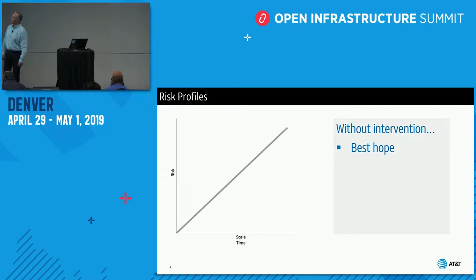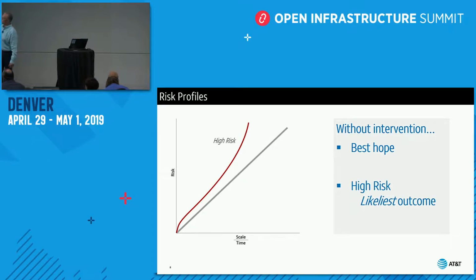So basically at best, without intervention, your best hope is that you kind of got it right. And if you didn't, you're just one environment away from getting it right again. That would be actually not all bad, fairly predictable, and fairly painless in terms of course correction. But that's probably not the reality. The reality looks more like this. It's sort of an exponential kind of function where with each subsequent environment you deploy, if there's a fatal flaw in that plan, then it's not just a linear problem.